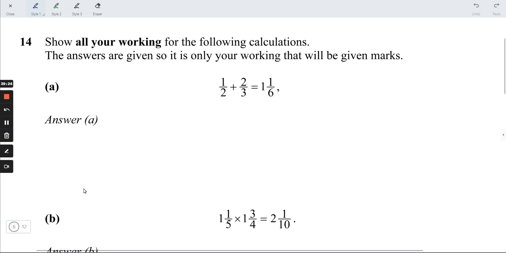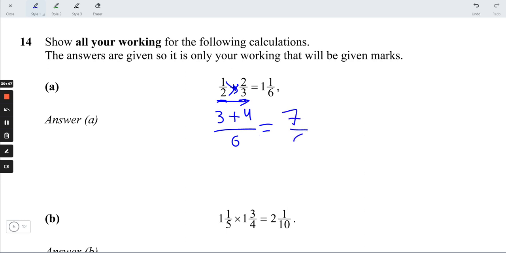Here they have different denominators, so you should make them like denominators. You can use the butterfly multiplication. So 1 times 3 is 3, plus 2 times 2 is 4, over 2 times 3, which is 6, equals 7 over 6, and change it to a mixed number.